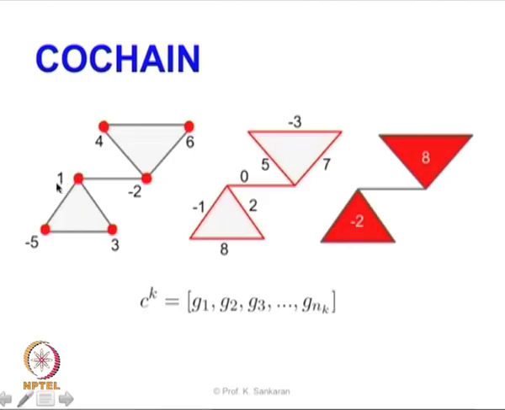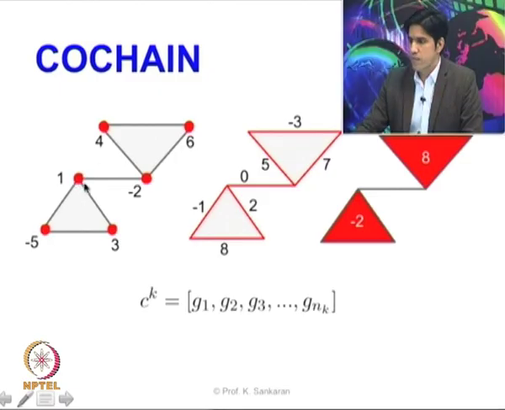The voltages or scalar potentials are the values that we have associated to certain points. So the scalar electric potential is nothing but a 0 cochain associated with 0 simplexes or 0 chains.